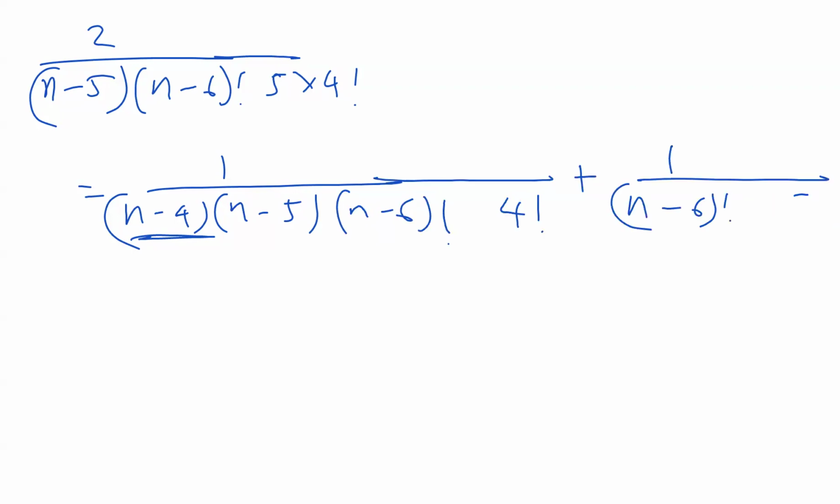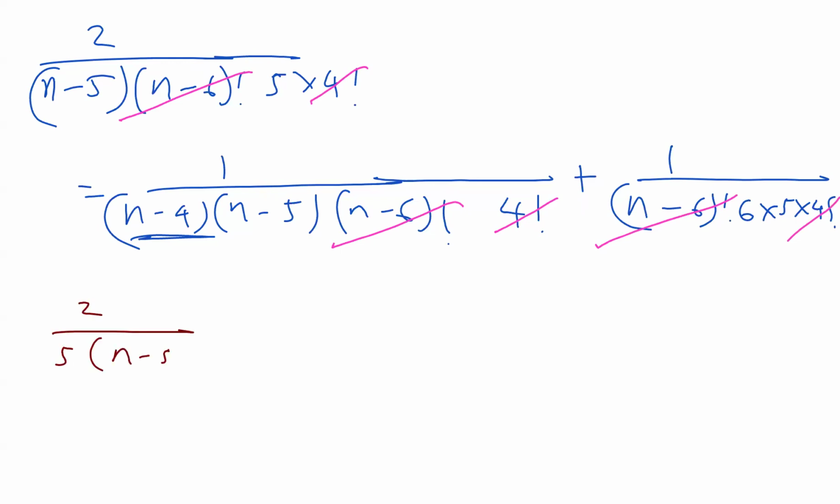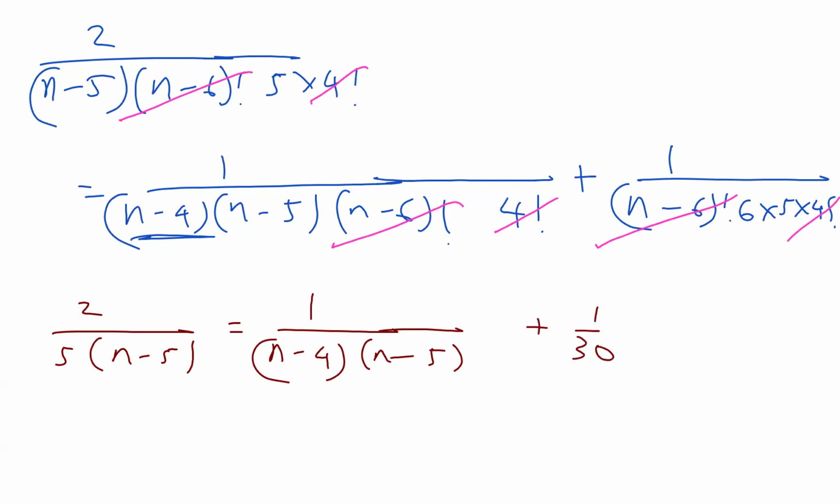Now we'll cancel a few terms which are common from both sides. So n minus 6 factorial is gone, 4 factorial also gone. So we are left with 2 into 2 upon 5 into (n minus 5), equal to 1 upon (n minus 4)(n minus 5) plus 1 upon 30. Now you need to solve this further by taking n terms together.